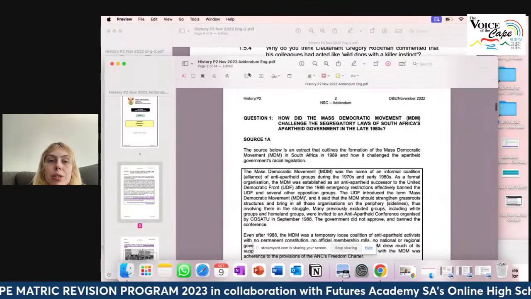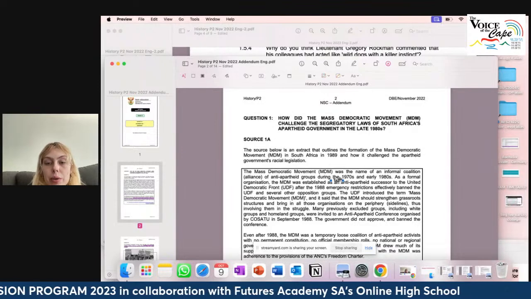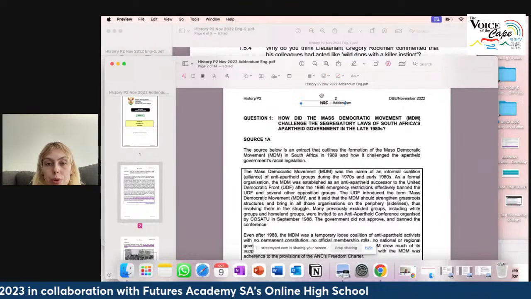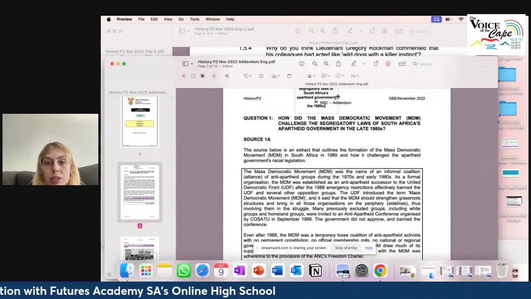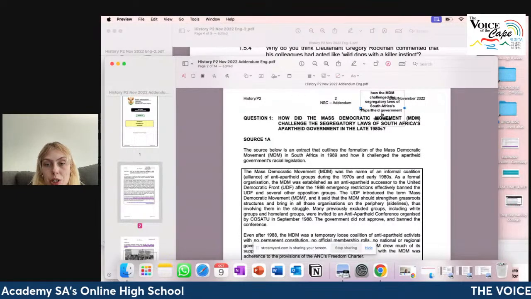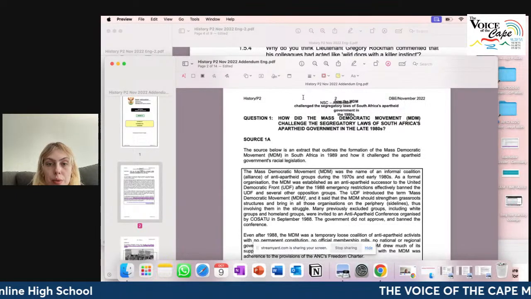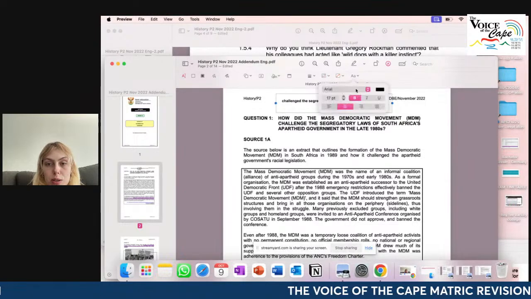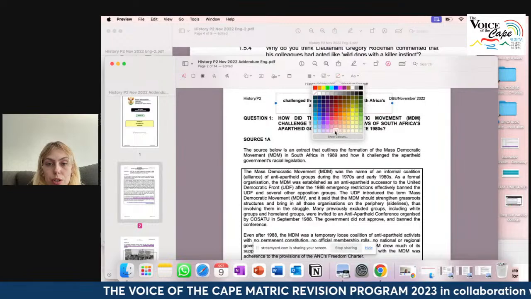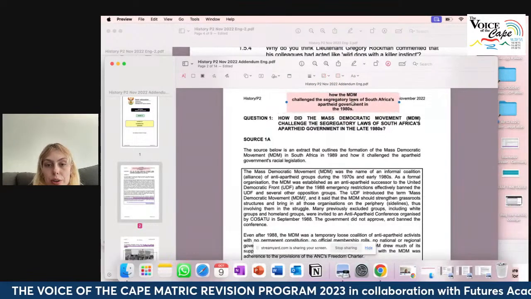It's also important to extract the relevant information from the source, otherwise you're just giving random information. It still needs to be relevant to the question. So we're looking for how they challenged the laws.